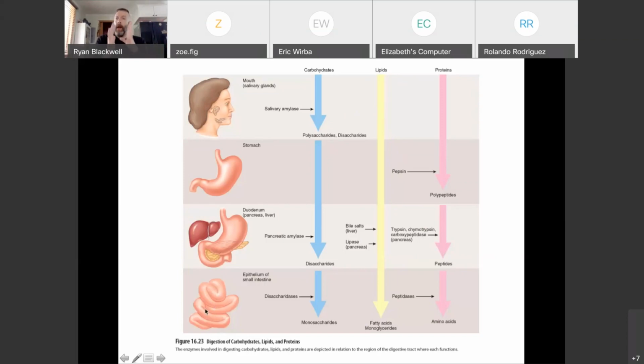Those cells that line the villi and have the microvilli: as nutrients get absorbed from the lumen of the small intestine through the epithelial lining into blood vessels in the submucosa, there are enzymes within those epithelial cells. These are called brush border enzymes, and they drive what's called contact digestion. They're called brush border enzymes because the microvilli on those cells make them look like little brushes.